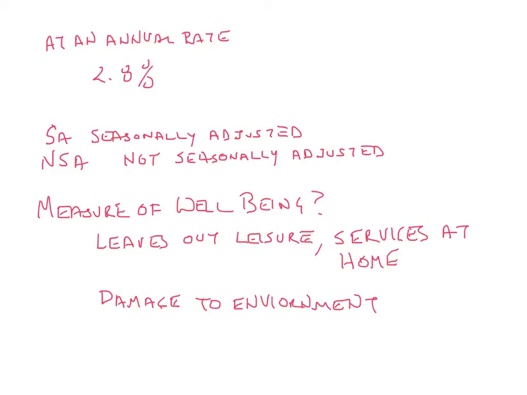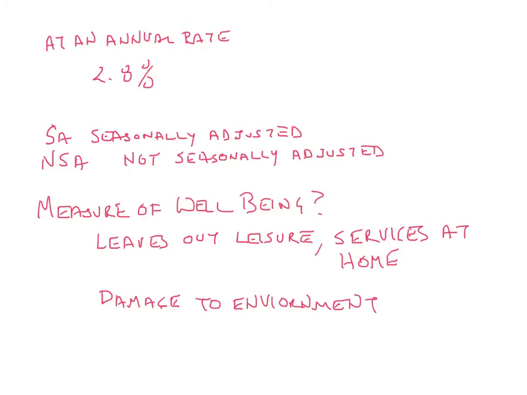Some books will say that GDP is not a measure of a nation's economic well-being. I disagree with that. I think it is a measure of the nation's economic well-being. It's not a perfect measure.